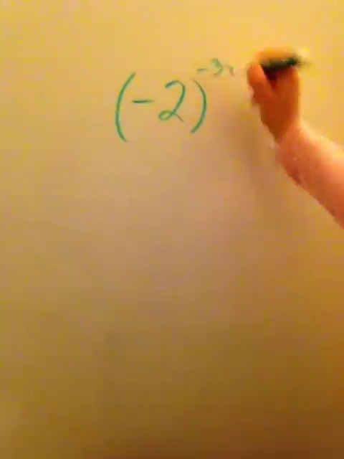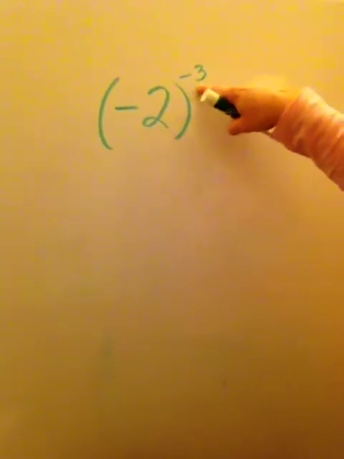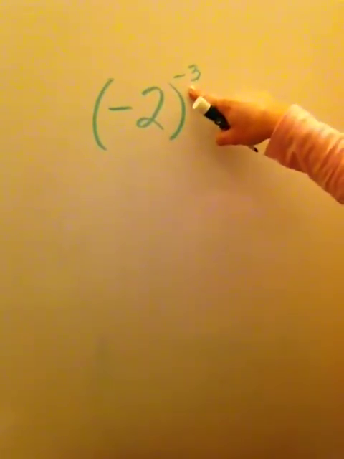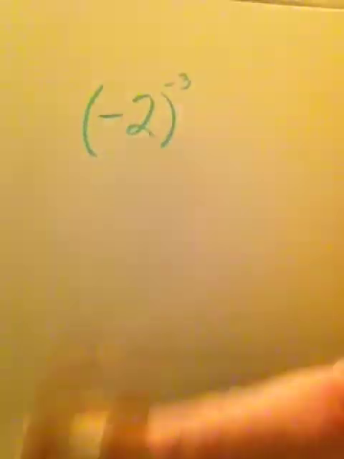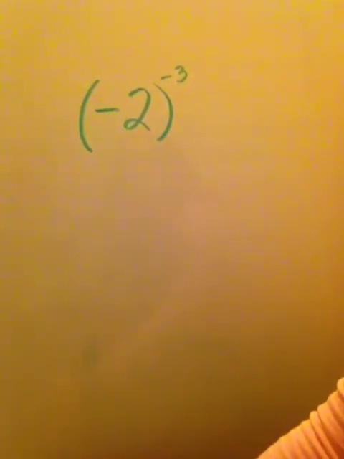Okay? Let me show you what we do when we have negatives. So if I were to have negative 2 to the negative 3rd power, again, notice the negative 3rd power is right next to the parentheses. So that means everything inside is getting that negative 3 power.